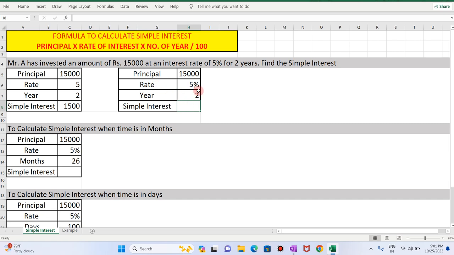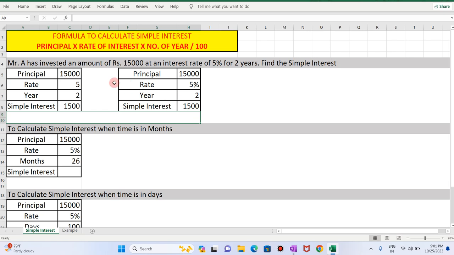Since we have put the percentage sign in front of the rate of interest, type equals to bracket, select principal, multiplication sign, rate of interest, multiplication sign, number of years, close the bracket and press enter. You will get the simple interest, 1500 only.